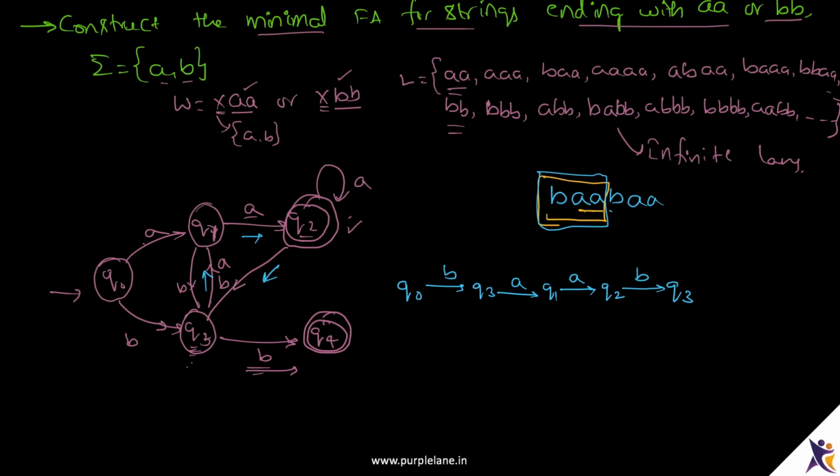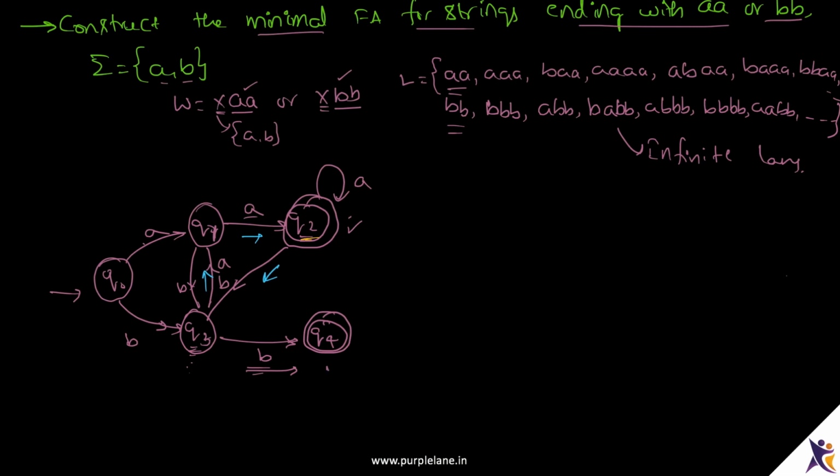The string is BAAA, so from Q3 on seeing A, we go to Q1 hoping that this is the end of the string and I will be seeing one more A to reach the final state Q2 and accept this. Once it sees an A from Q1, it goes to final state Q2. Since the input header reached the end of the string, we accept this string.